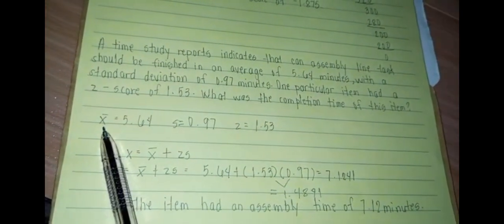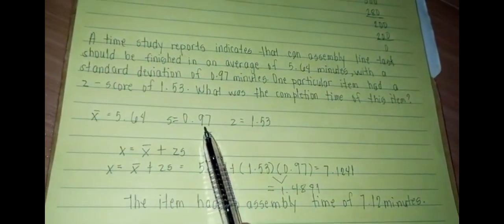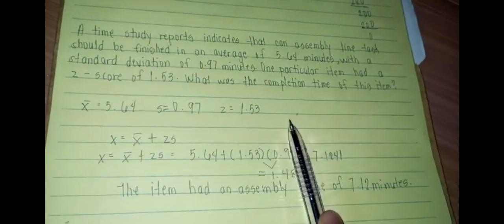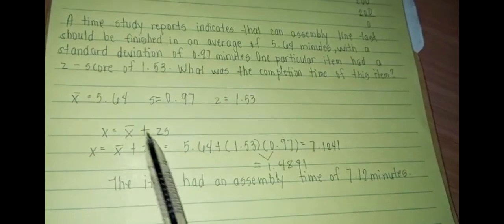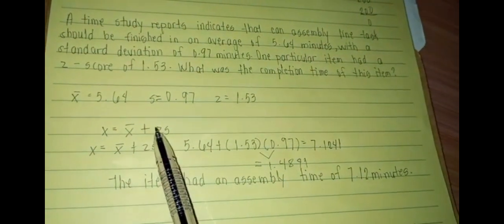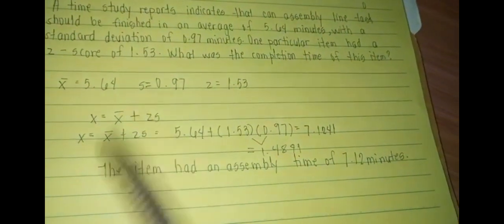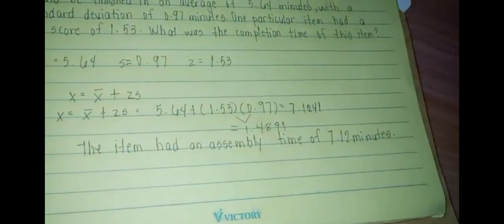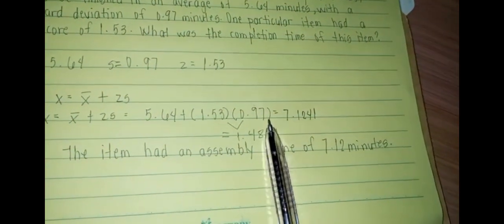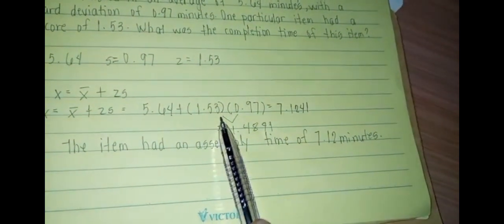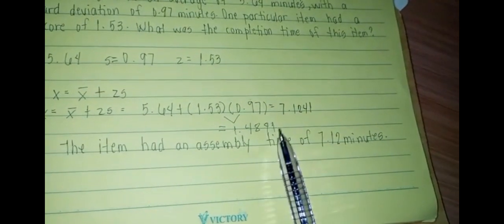The given mean is 5.64. The given standard deviation is 0.97. The given z-score is 1.53. The formula we're going to use is value is equal to mean plus z-score times standard deviation. First, we multiply the z-score by the standard deviation. 1.53 times 0.97 is equal to 1.4841.